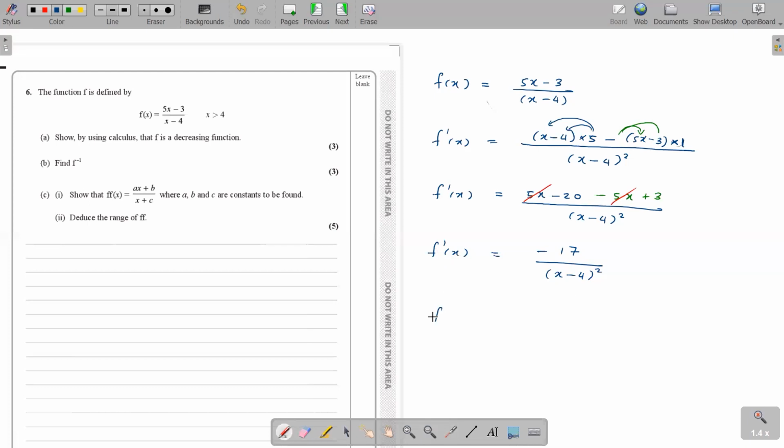So you can write f dash x is less than 0 for all x greater than 4, isn't it? So therefore f is a decreasing function. Give reasons and do it properly. Therefore f is a decreasing function.